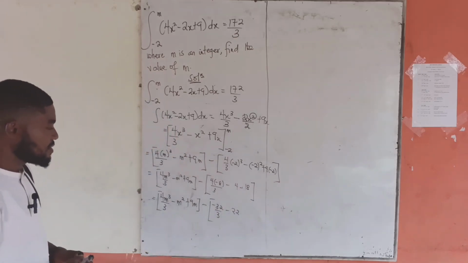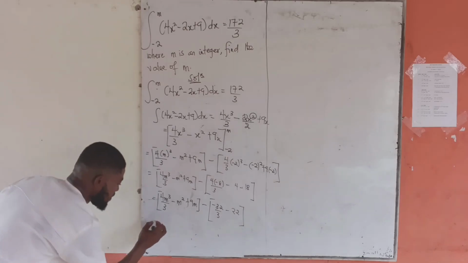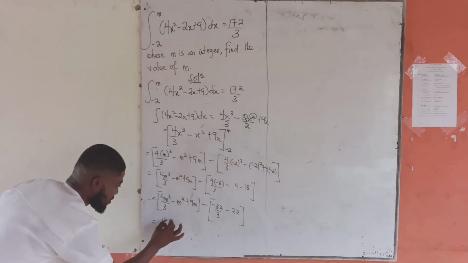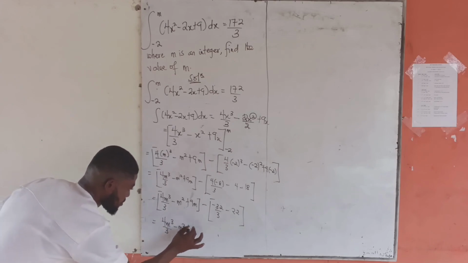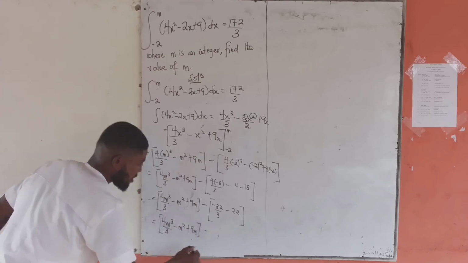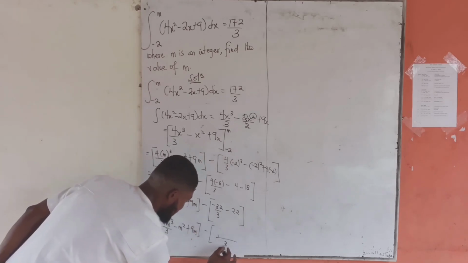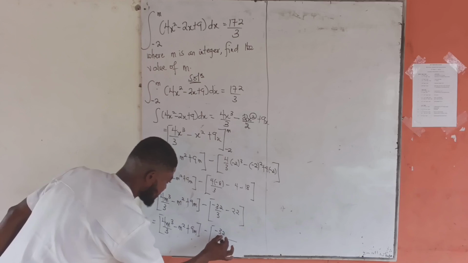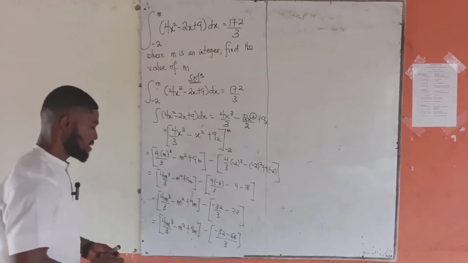Yes, so minus 22 over here. Now we can simplify this, which is going to give us minus 32 over 3, and 22 times 3, so this is 66.